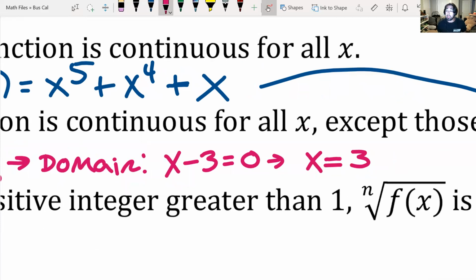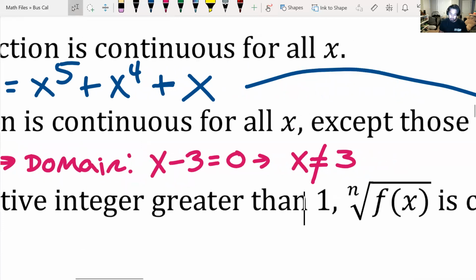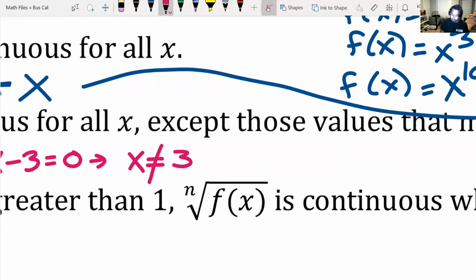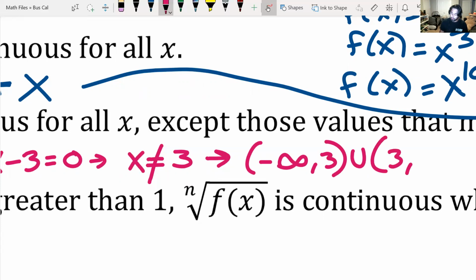But if x is 3, the denominator becomes 0. So we say that the domain is any number they want to be except 3, which means in interval notation, we would write negative infinity to 3 union 3 to infinity.